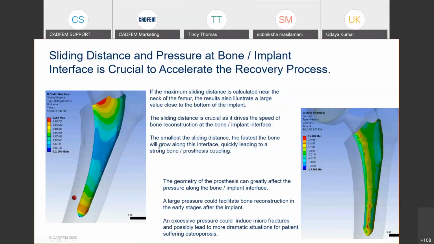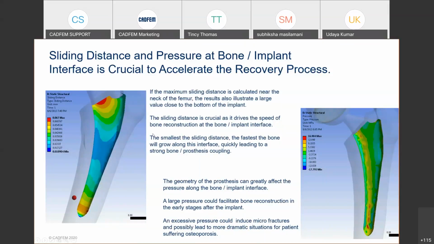The next area which we should also be looking for is the sliding distance. Sliding distance is nothing but, when you put the implant into the bone, the implant should not move by a large distance with respect to the bone, right?